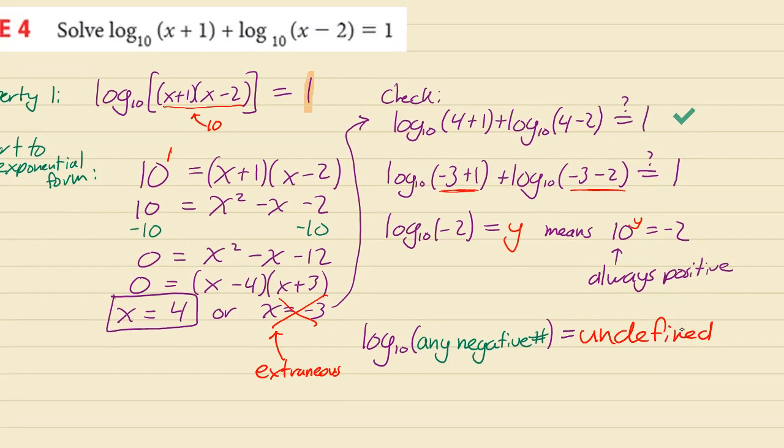It turns out that this logarithm property that you use to combine these into a single log doesn't actually work if you're taking logs of negative numbers as inputs. So that's why you always want to check these answers to make sure you don't have logs of negative numbers. That's usually how these extraneous solutions come about, but that is the one real solution: x equals 4.